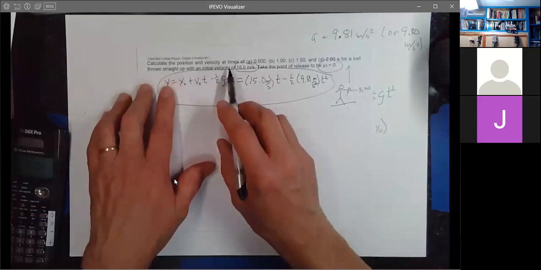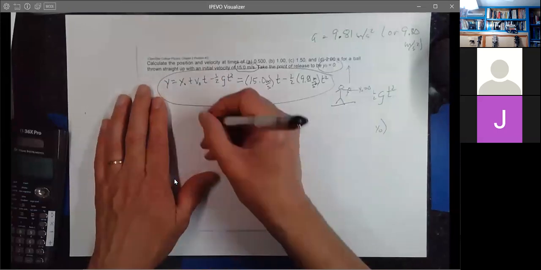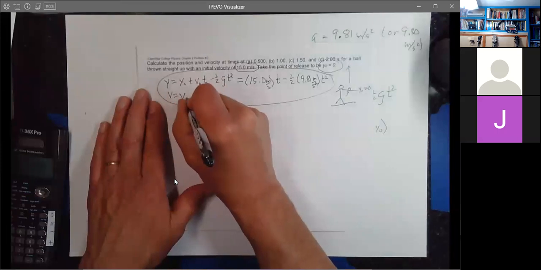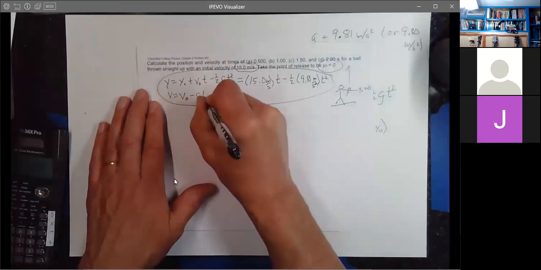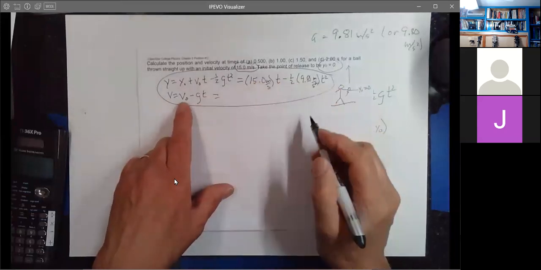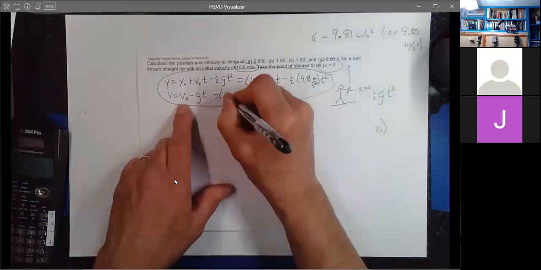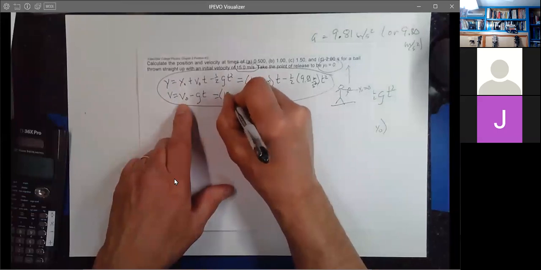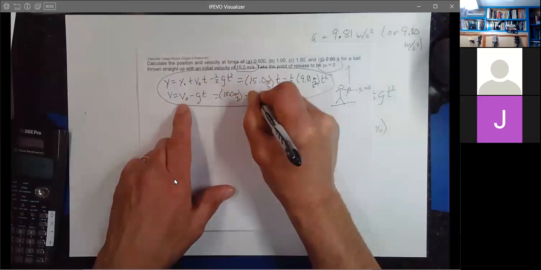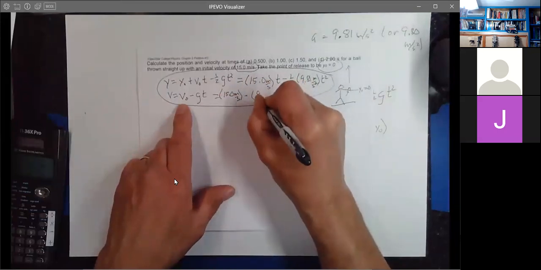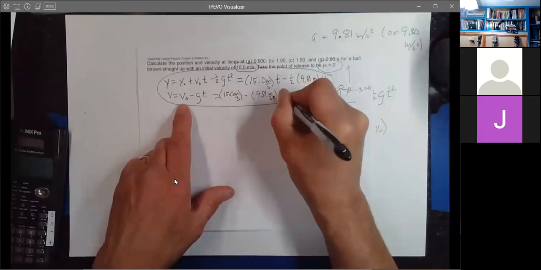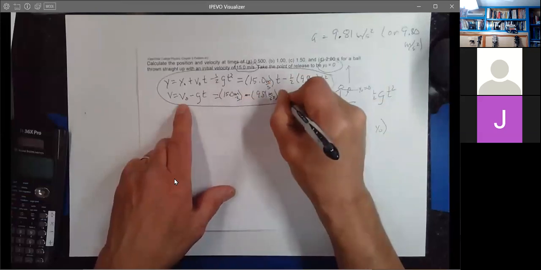It also asks for the velocity at all times, though, and that's the equation that looks like v equals v naught minus gt. Well, let's see, v naught was the 15.0 meters per second minus 9.81 meters per second squared times t.